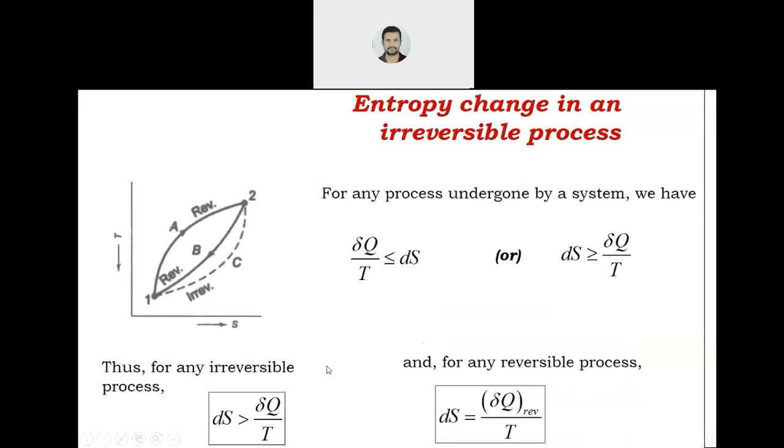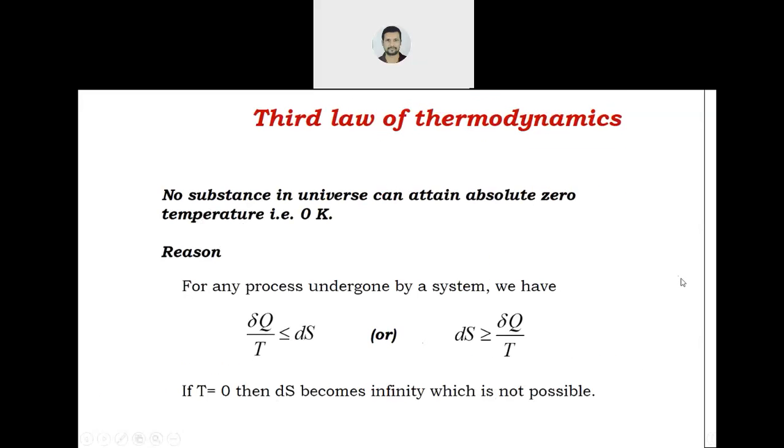Now note down these two important conclusions. For any irreversible process, ds will be greater than dq by T, and for a reversible process it will be equal to dq by T. This is one of the important conclusions.